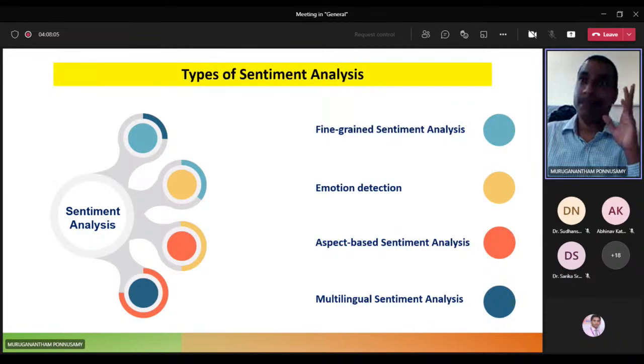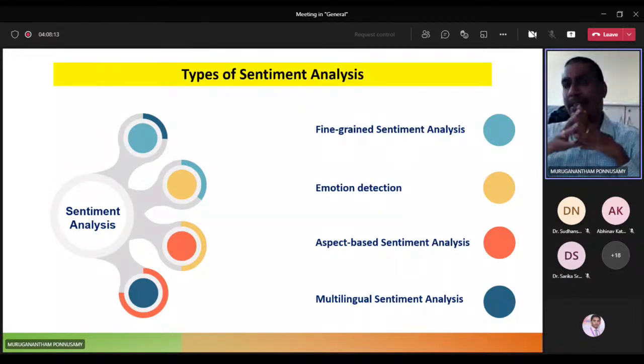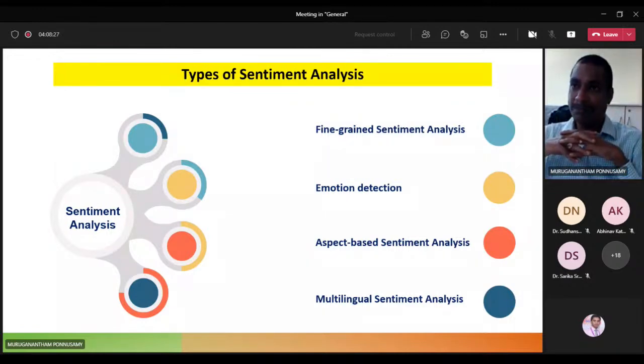Next one, aspect-based sentiment analysis. For example, I told Apple products, Face ID. In other way, I can put it like this. When we go for buying a laptop, we have several aspects to buy a particular laptop.